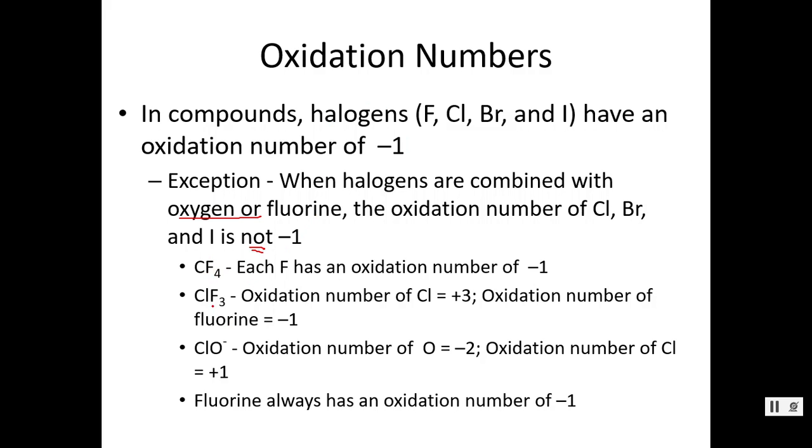Now, in the second example, I have fluorine attached to chlorine, so I've got fluorine attached to another halogen. I remember the rule that if halogens are combined with fluorine or oxygen, the oxidation number of chlorine is not -1.